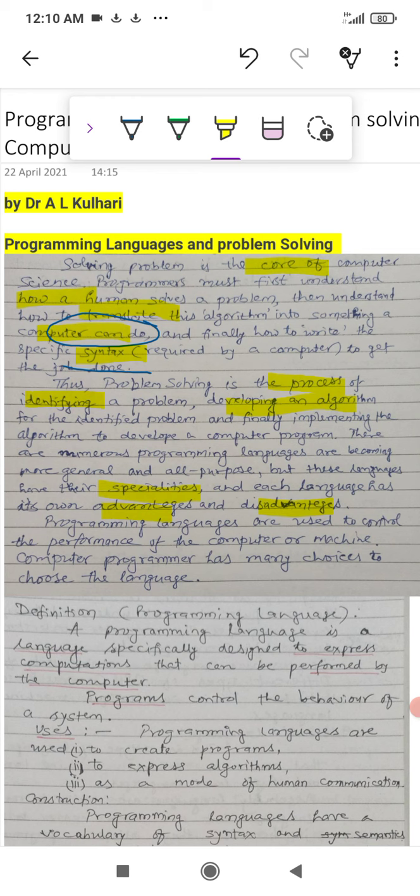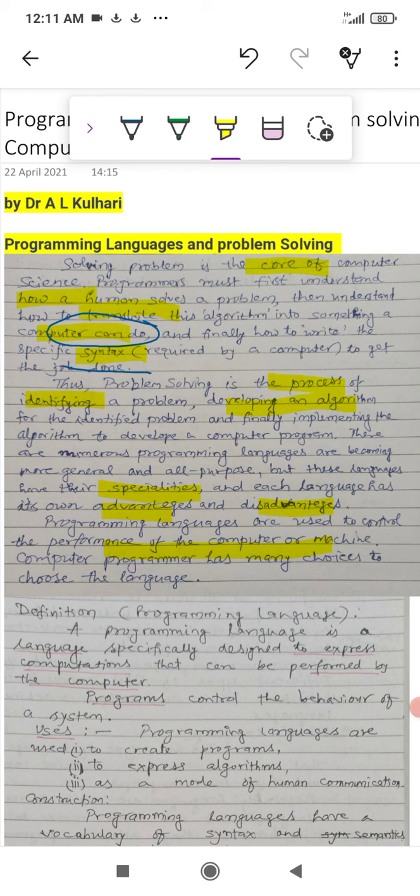These are used to control the performance of the computer or machine. Computer programming has many choices to choose the languages.